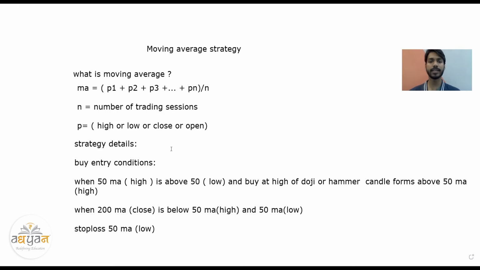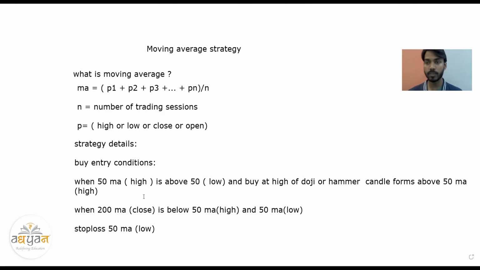So the buy entry is that simple, as we have discussed about a doji candle and a hammer candlestick. If any of these two forms at the 50 moving average, here the P is high, so you are taking the 50 moving average. That means you are collecting the average values of the last 50 trading sessions with high prices.